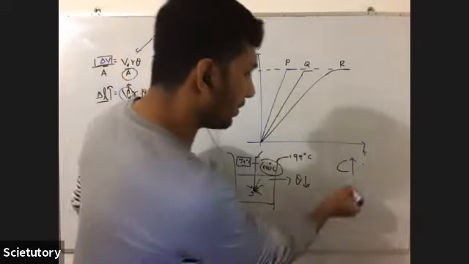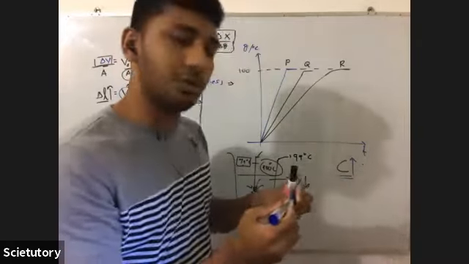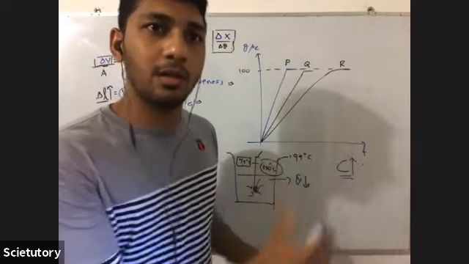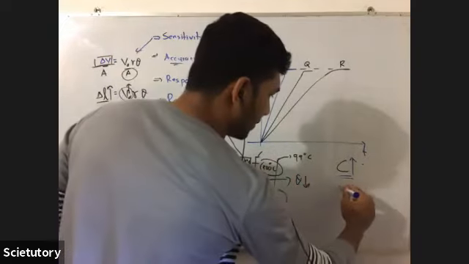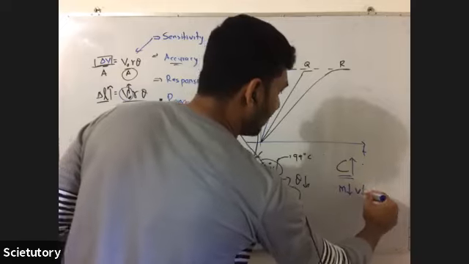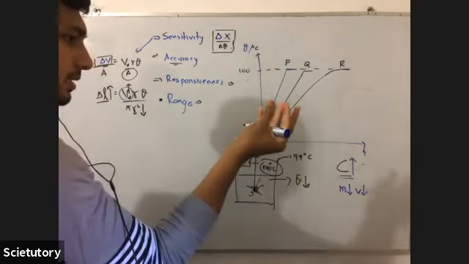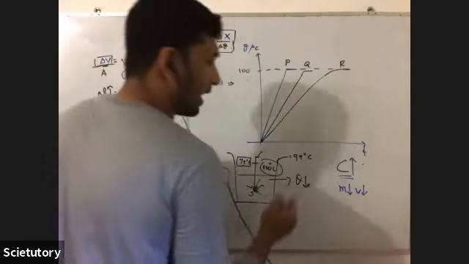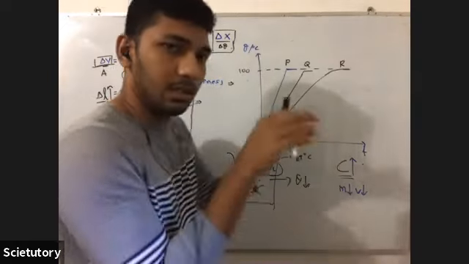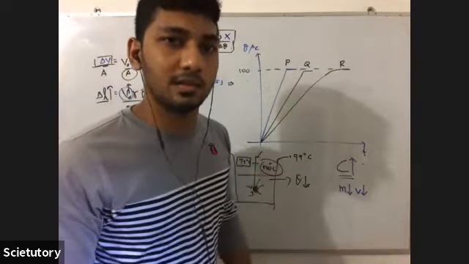So you should reduce the heat capacity. So what should you do? You have to reduce the amount of mercury you use. So mass of mercury or volume of mercury, volume of that bulb should be reduced. And also you have to reduce the thickness of the glass used.